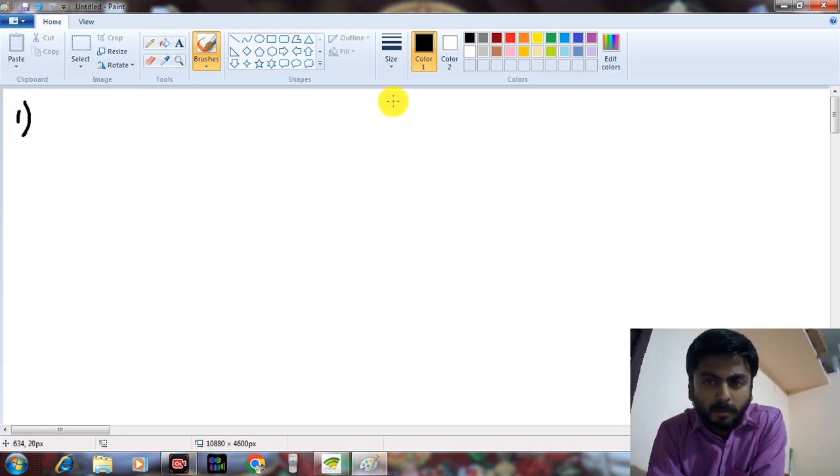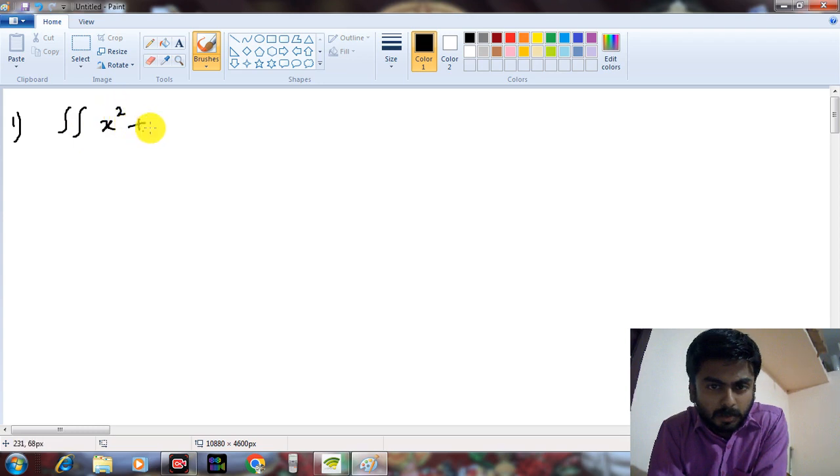The problem here is the double integral of x square plus y square, dy, then dx.